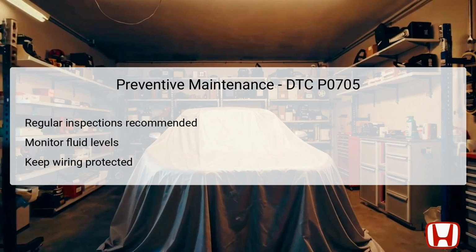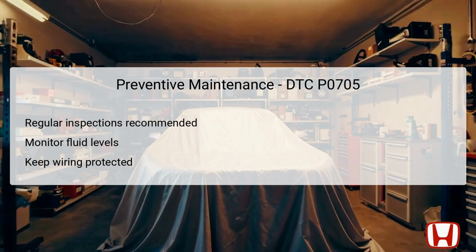For preventing issues like DTC P0705, regular inspections of the transmission range switch and its associated wiring are crucial. Ensuring that all connections are clean and corrosion-free can help sustain the integrity of the system.